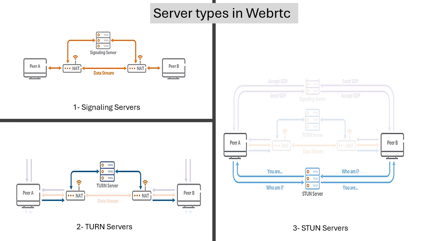STUN is where the client asks a public STUN server, what's my IP, and uses that in its session description. TURN is the server used if STUN fails because of a strict NAT; media is relayed through a public TURN server, bypassing the firewall entirely.